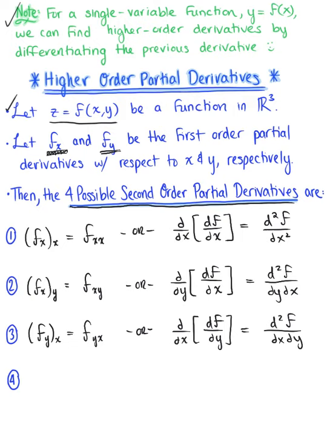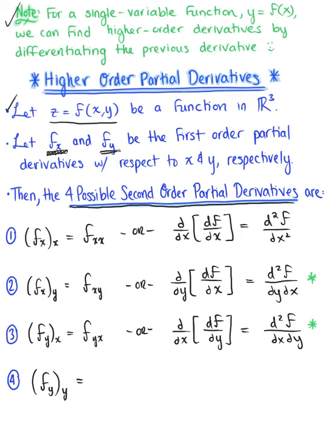Now there is a special relationship between these two mixed partial derivatives, which we'll talk about momentarily. But we have one more second order partial derivative to go. Again, let's say that we are starting with the first order partial derivative of the function with respect to y, and now we want to differentiate with respect to y.